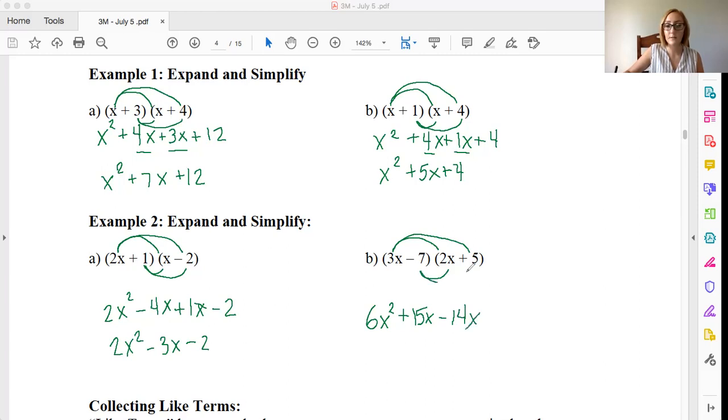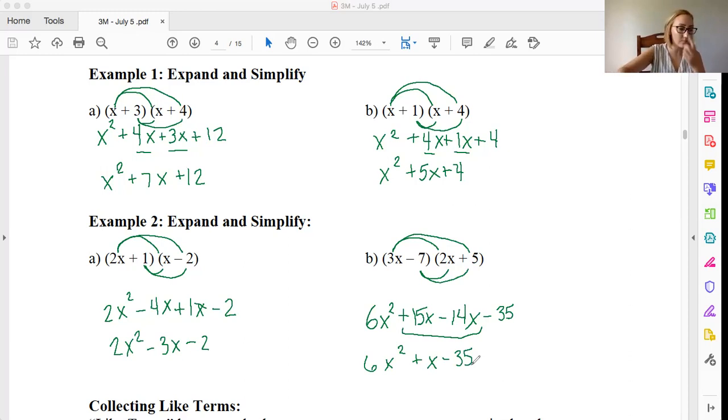And negative 7 times 5 will give you negative 35. Okay, so keep in mind that you want to put your like terms together. So 6x squared plus, so positive 15, take away 14x gives you just 1x, so just x, and then minus 35. Hopefully that's simple enough for you.